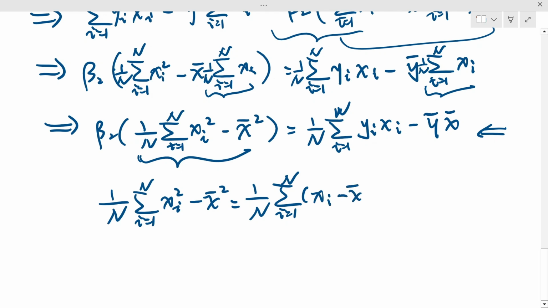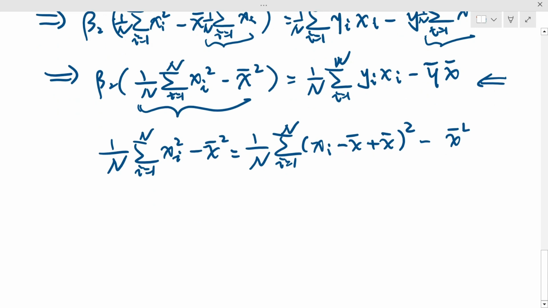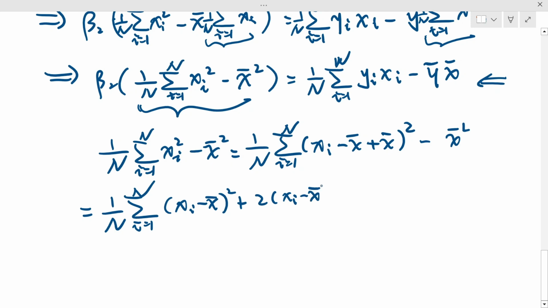I take away one x bar, then add x bar, so nothing changed. Multiply inside: the sum of xi minus x bar squared plus 2 times xi minus x bar, plus x bar squared. That's the sum.